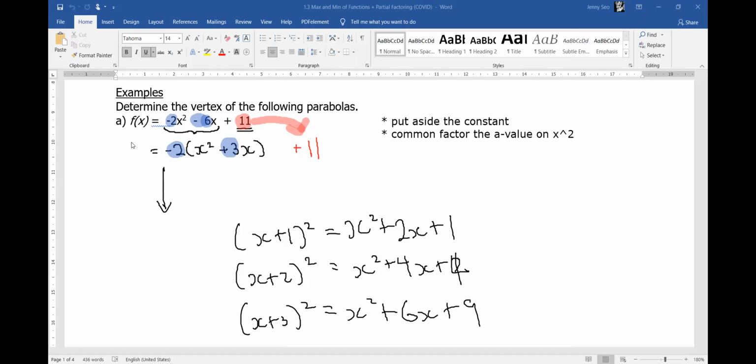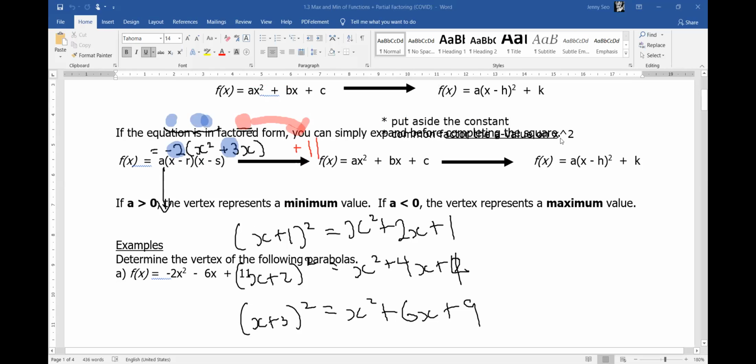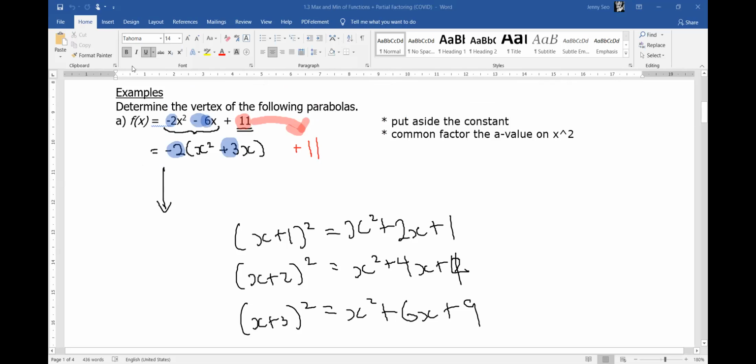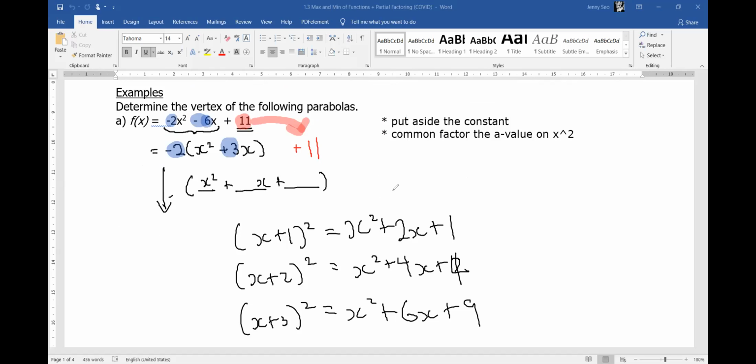It's this part right here. And what does that have? A binomial squared, right? So if I'm trying to create a binomial squared, my goal is to have a perfect trinomial. I want one of these, because when I have one of these, I can turn it into a binomial squared.